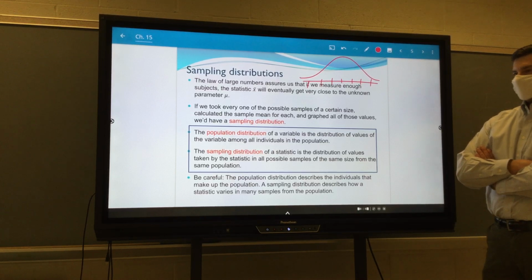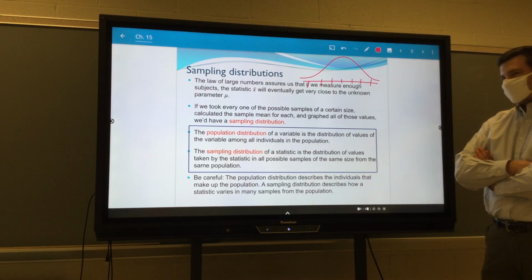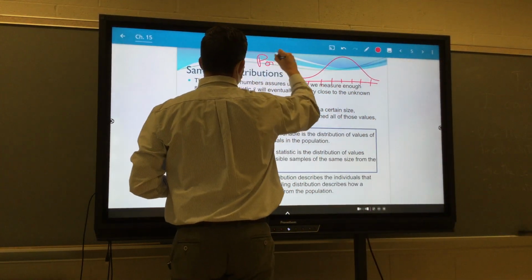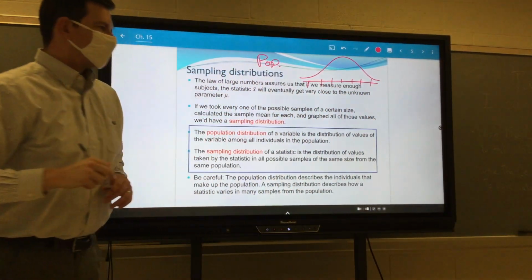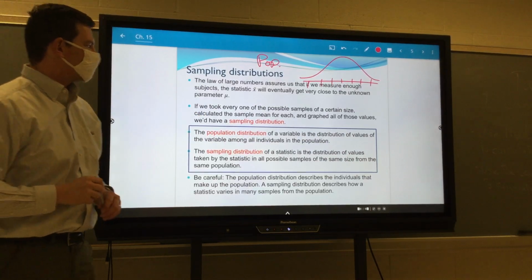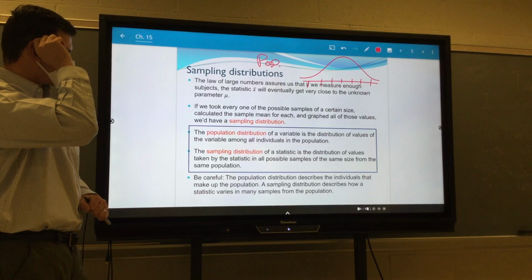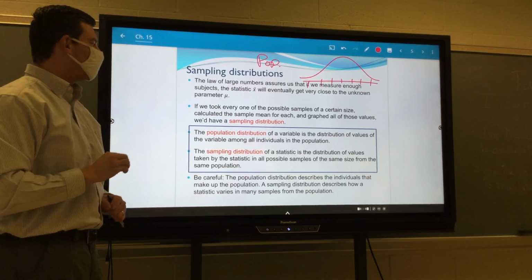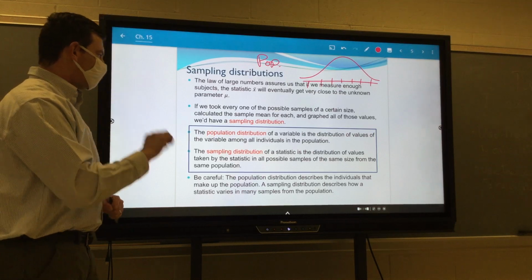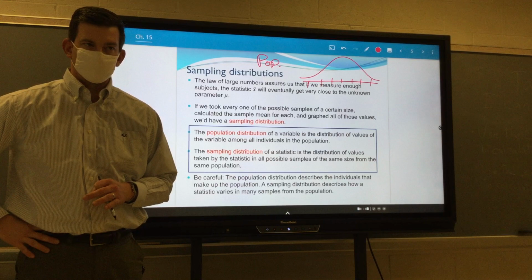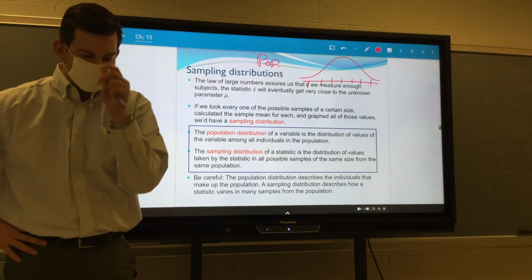Now, with this, we're not really looking at the population. We're looking at samples. If we took every one of the possible samples of a certain size, calculated the sample mean for each one, and graphed all of those values, we'd have a sampling distribution. Think about what's happening.